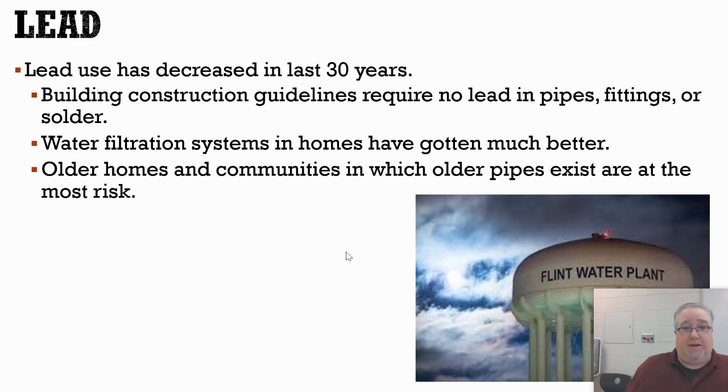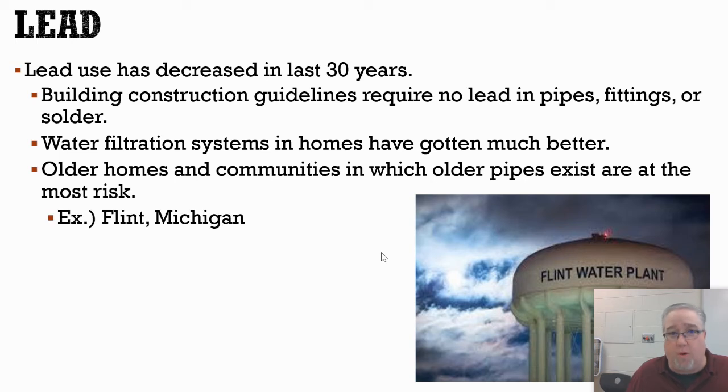However, there are still some communities and there's still some older homes that may have pipes that are high risk for lead. Some of these communities where you see some of this stuff are usually poorer communities, usually low socioeconomic status.